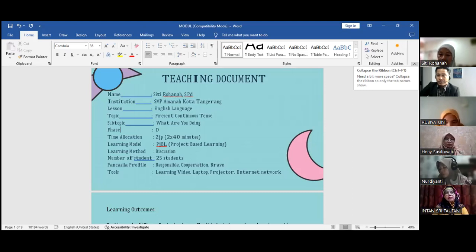Okay, your topic here is about present continuous tense, so we are going to talk about grammar. And to be honest, when we teach students about grammar, grammar is a boring kind of topic for these students, yeah? The majority of the students are going to hate grammar. They're going to hate structure.